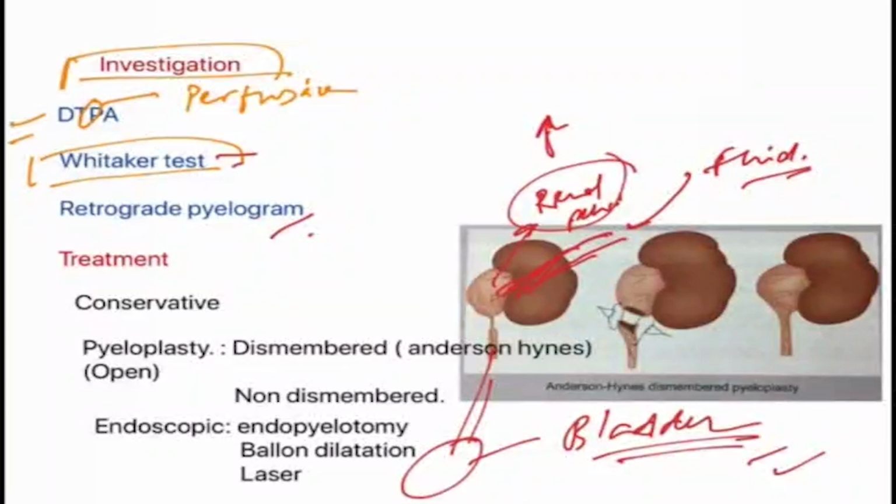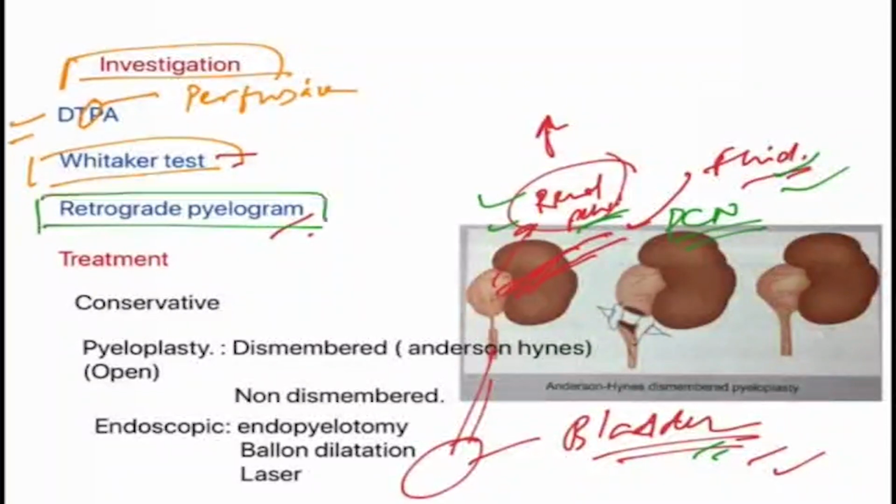In case of PUJ obstruction, pressure in the renal pelvis is increased in relation to the bladder. So this is the Whitaker test, in which differential pressure between pelvis and bladder is measured.